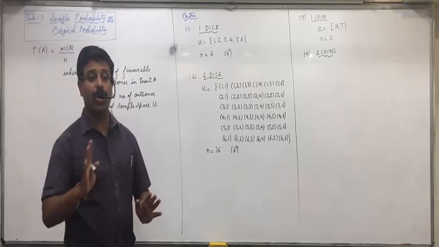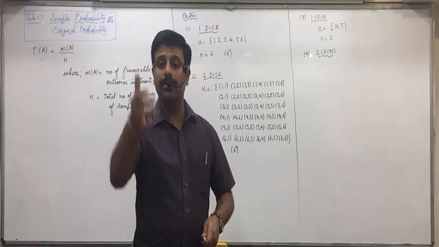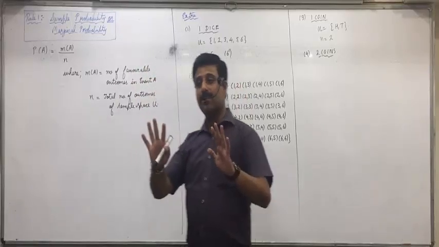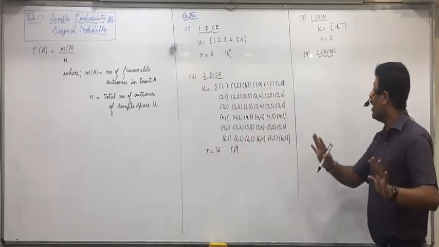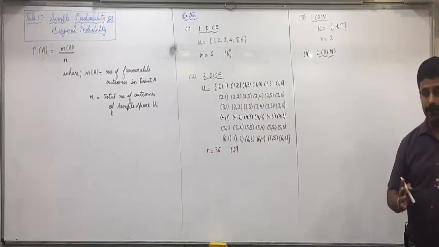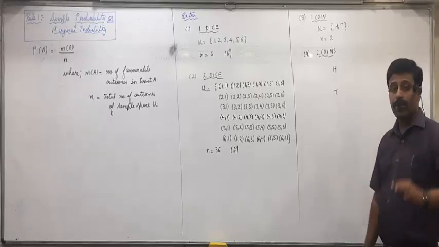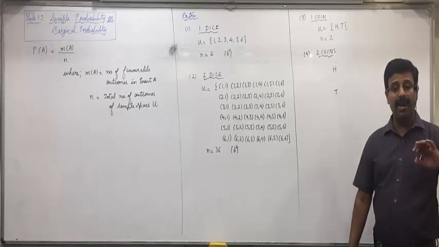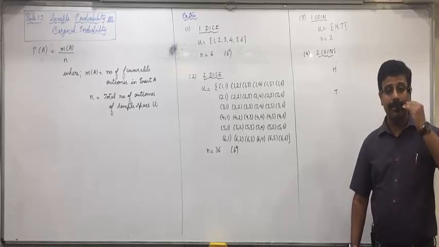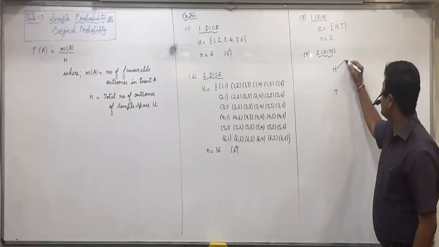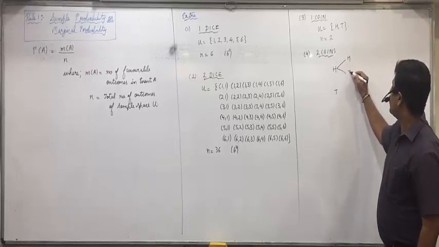Whether you toss 1 coin 2 times or you toss 2 coins at the same time, the sample space will remain the same. And there is a method of deriving it. For every coin, you extend every outcome into 2 more parts, heads and tails. This is the first coin. And this is the second coin.